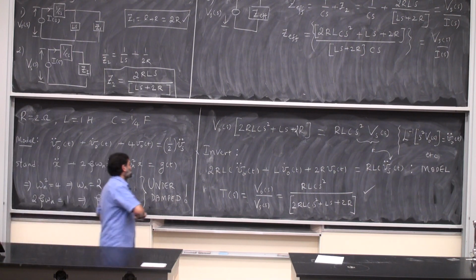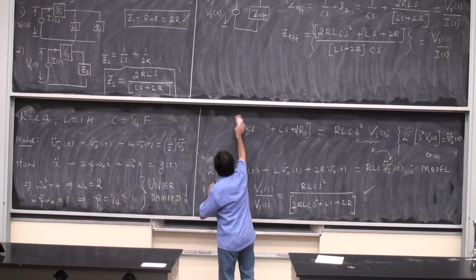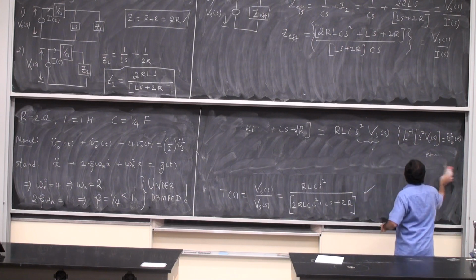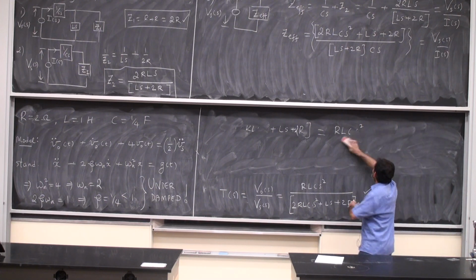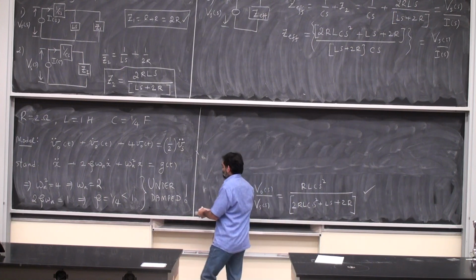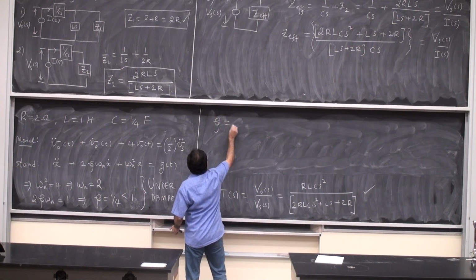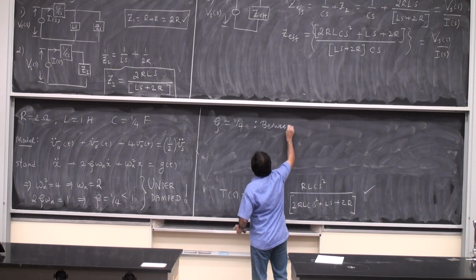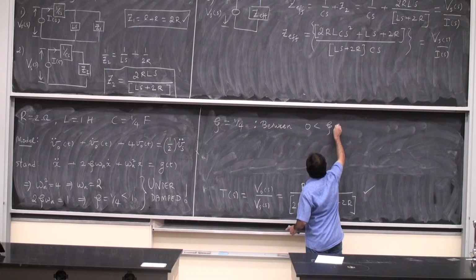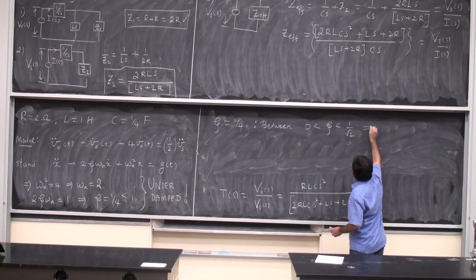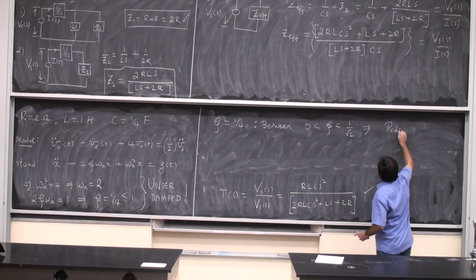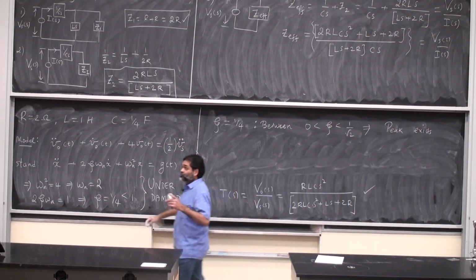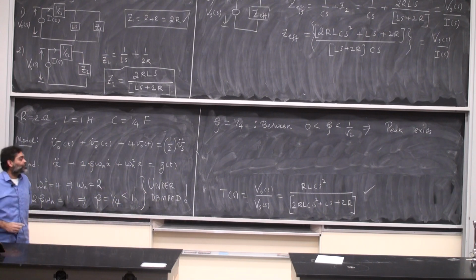Okay, I'm going to write that statement next. So zeta, which is 1/4, is between 0 and 1/√2, which means that the peak exists, and the peak happens at the resonant frequency value.